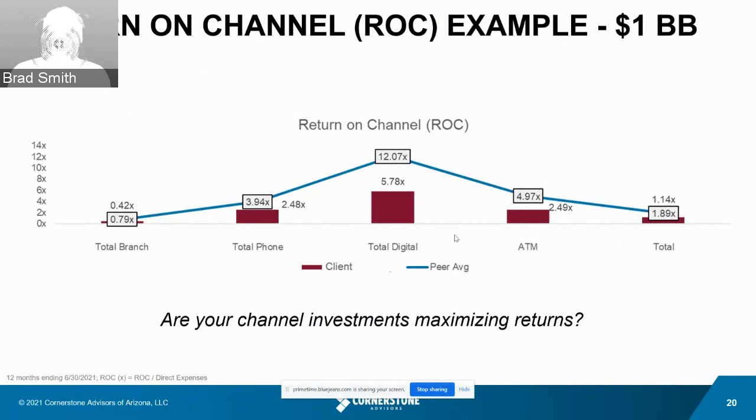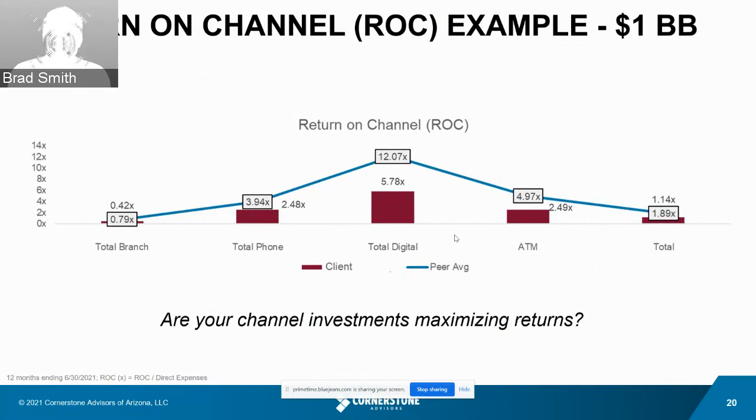Peer was 12. So for every dollar you spend in digital, there's a six times better return than branch. Even phone and call center, even ATM were significantly more effective return-wise than branch.